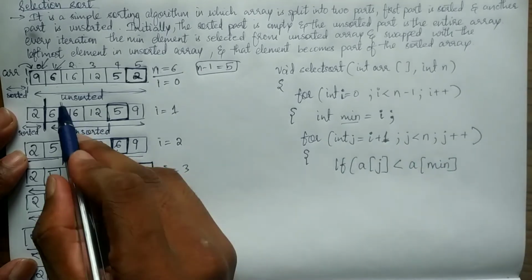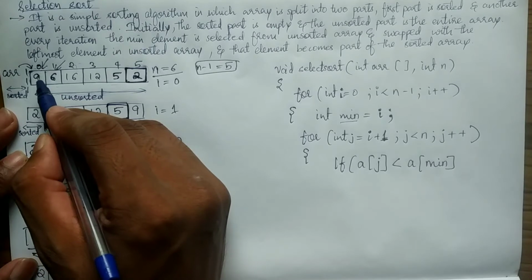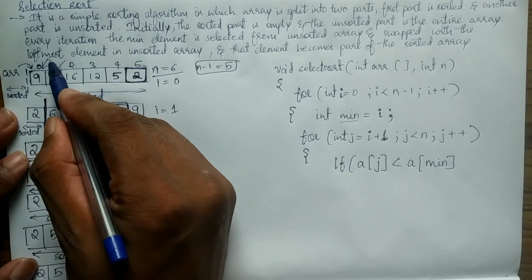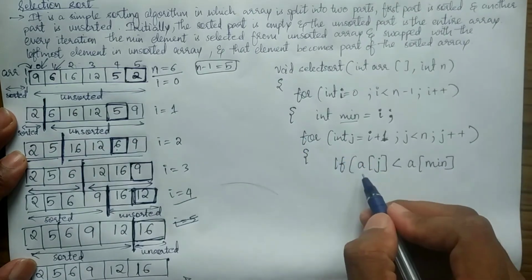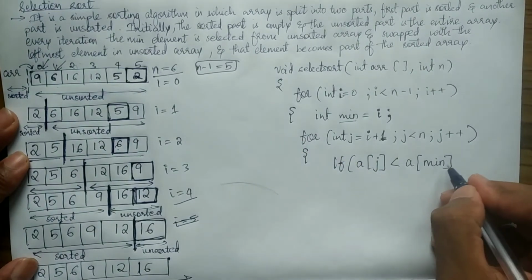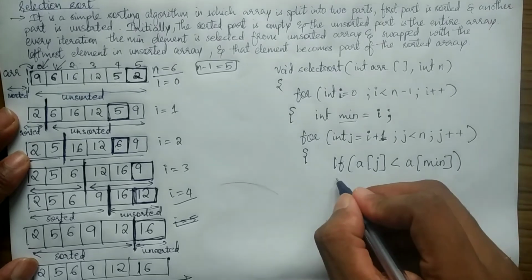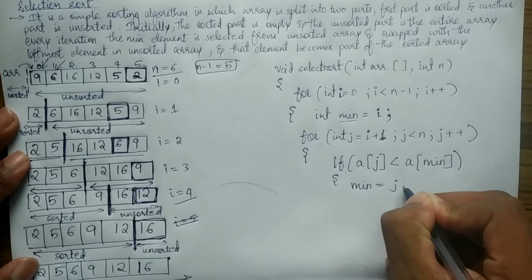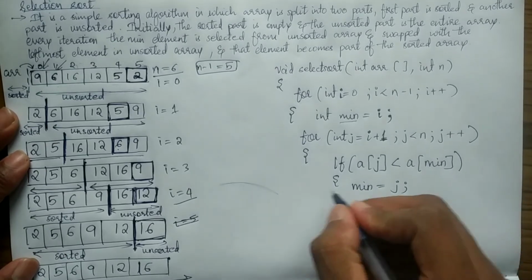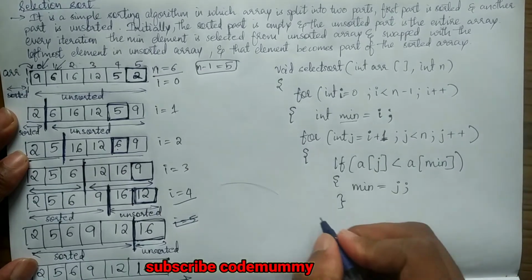What we are doing, this is our j here, and what is our minimum element? 9. So our minimum is pointing here and our j is pointing here. We'll check if this a of j is smaller than a of min. If a of j is smaller than a of min, we'll make our min point to j. We are changing the minimum element after checking with every element, right?